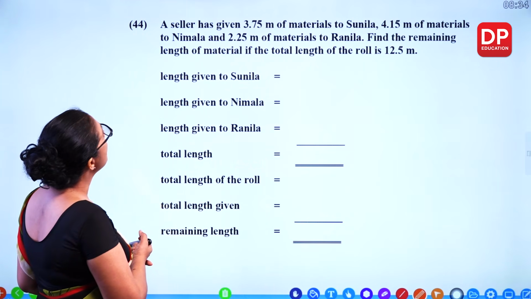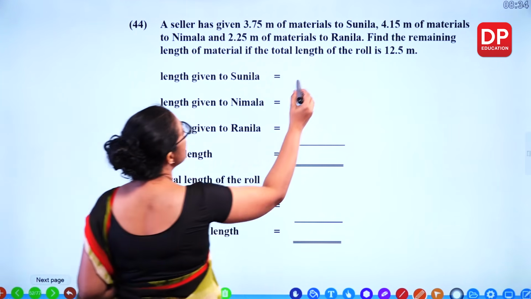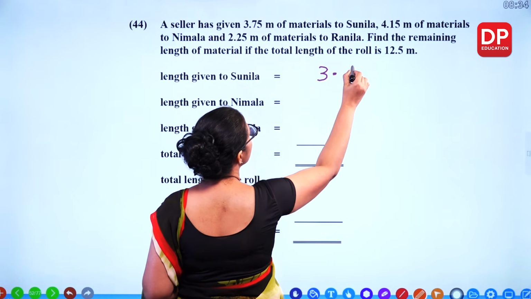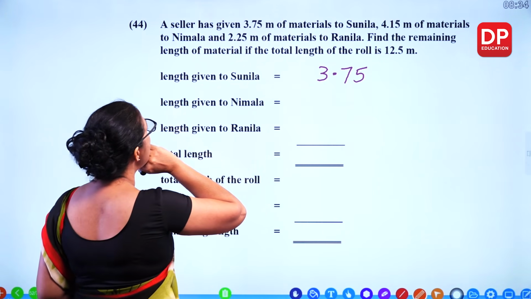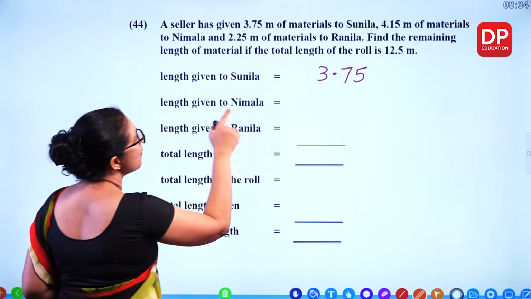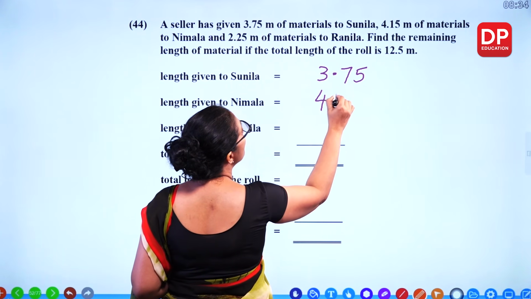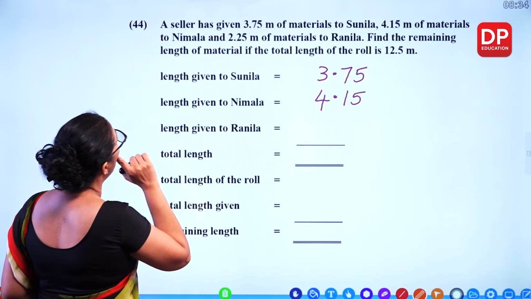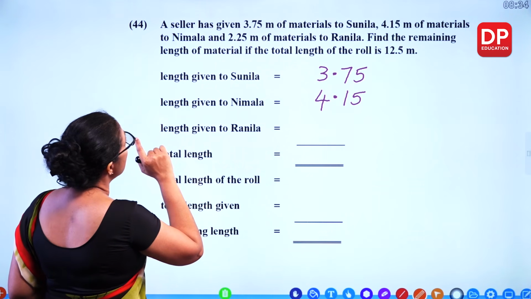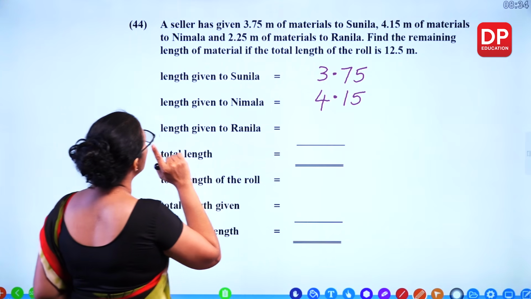Length given to Sunila, that's 3.75. Length given to Nimala, 4.15. And length given to Ranila, 2.25.